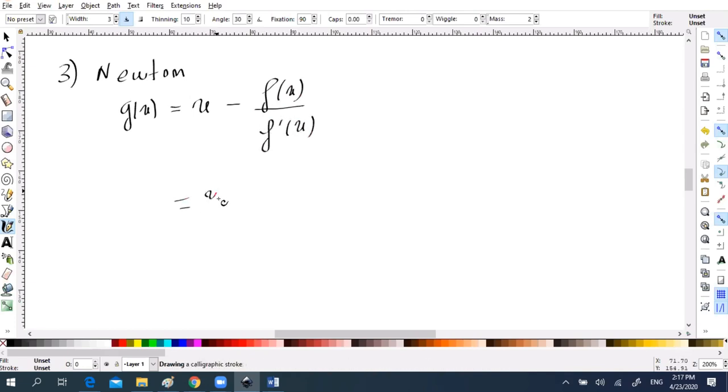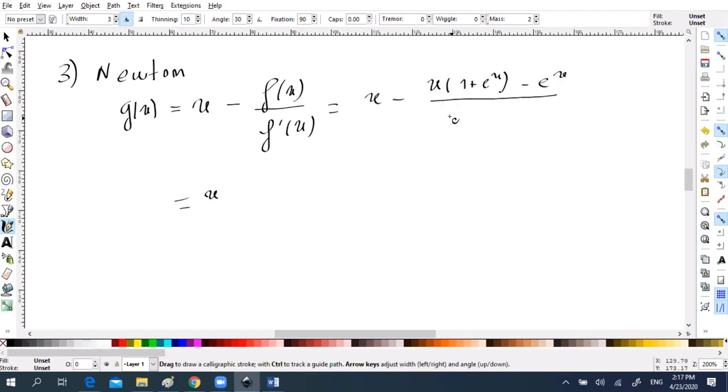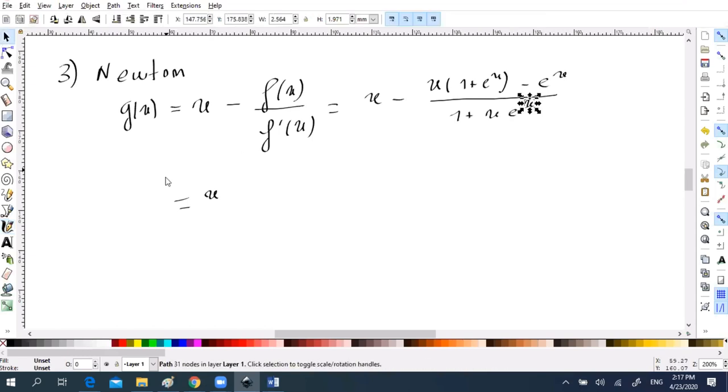So in this case, g of x is equal to x minus x e to the x over f prime. We calculated that f prime was 1 plus x e to the x. So this is the g prime.